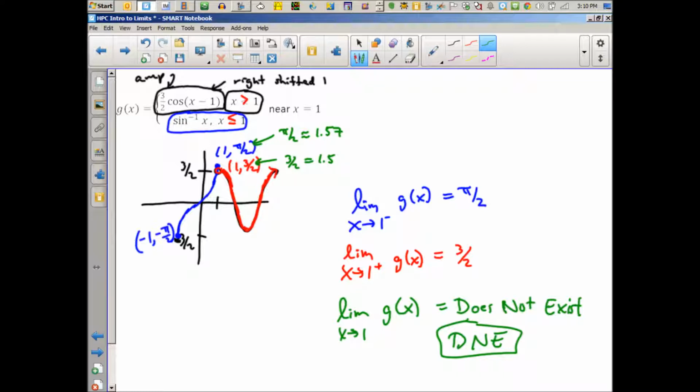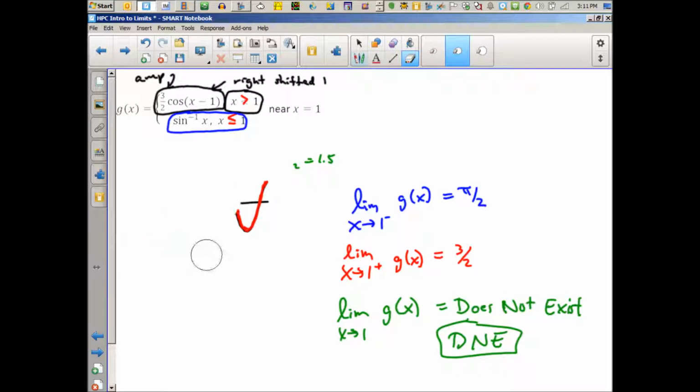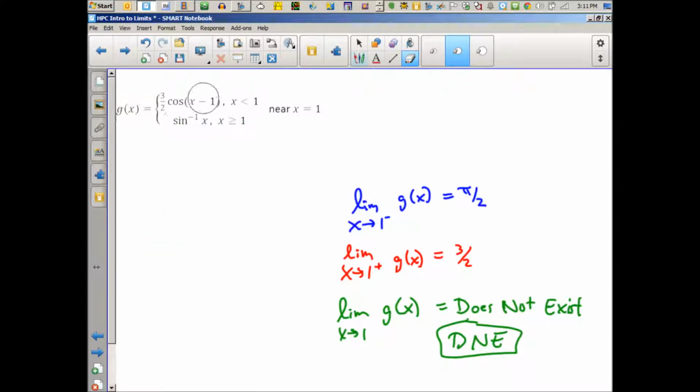Now, there's a way you could do this problem without doing any actual graphing. Okay, so I'm going to show you how I would do that. Remember, this was the greater than, this is the less than or equal. Okay, what you could do is take this 1 and plug it in right here, and take this 1 and plug it in right here, and you would get the following two statements.